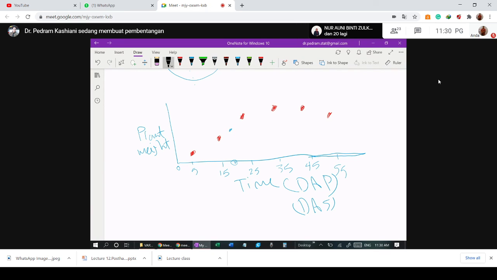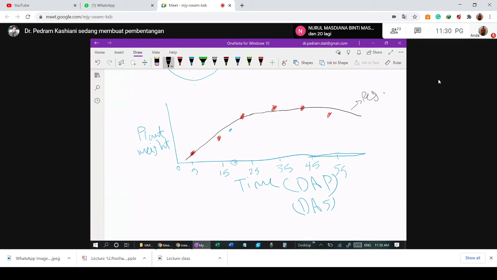In this regression analysis, I will draw one line that is nearest to all of these points. The nearest, I don't connect them. I draw a line very near to them. This line, we call it the regression line.